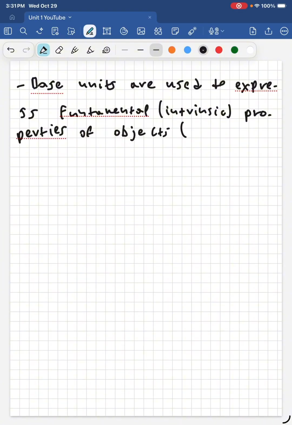So things such as length, the mass, the amount of quantity, what else?